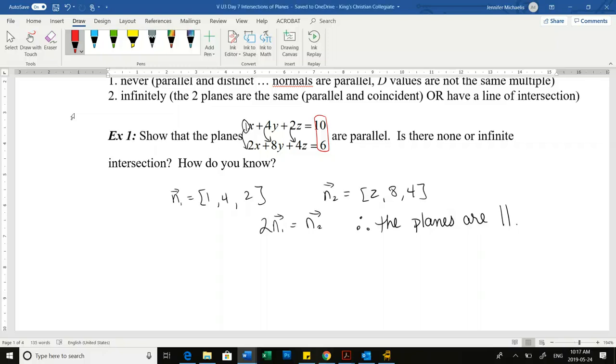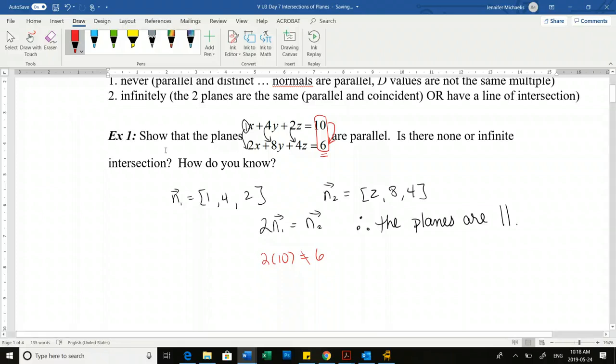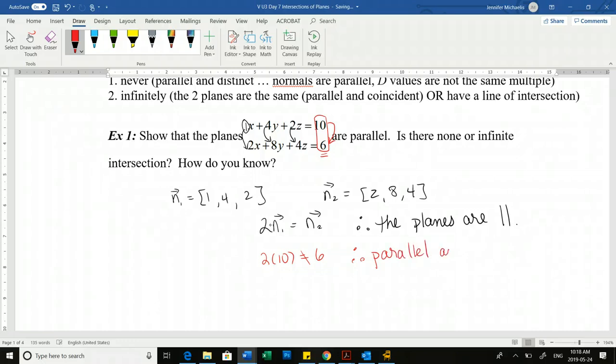So here's the question: is 2 times 10 equal to the constant from the second plane, 6? This is not following along with the same scalar multiple, so because those are not equal, they are parallel and distinct. So we would say 0 points of intersection.